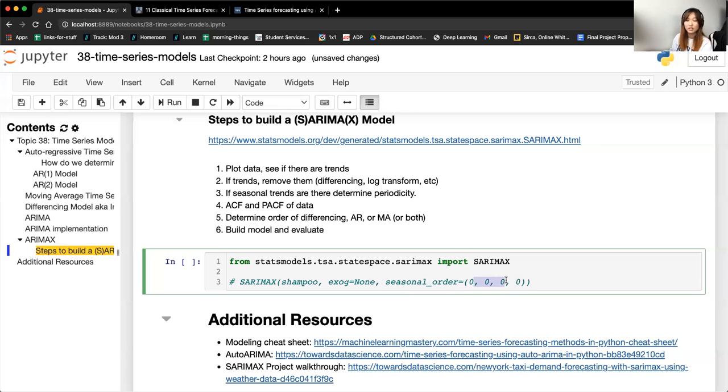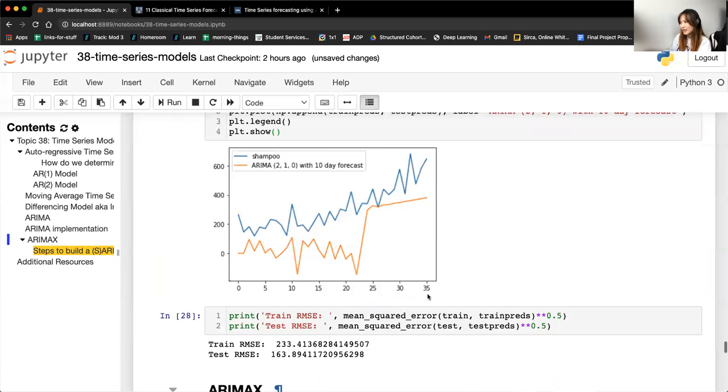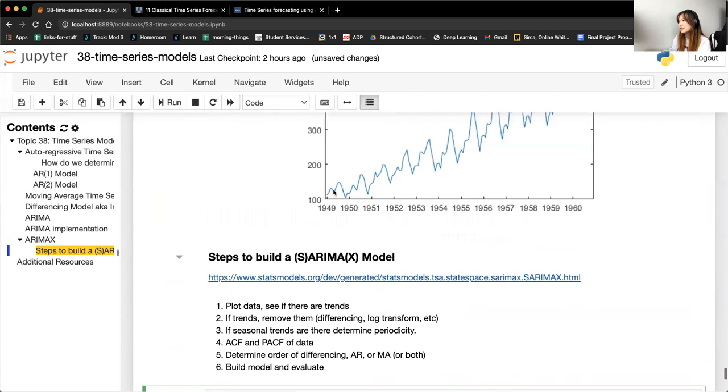If there was seasonality, you would have this. The first three numbers are your PDQ, and in the seasonal order, the fourth number will determine your seasonality, depending on how many periods are in a season. Let's use this data instead.